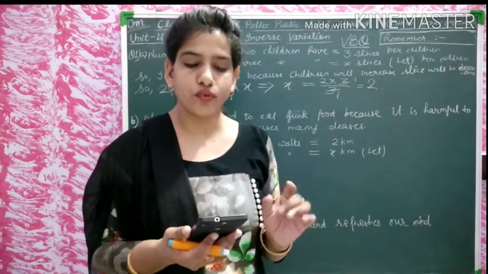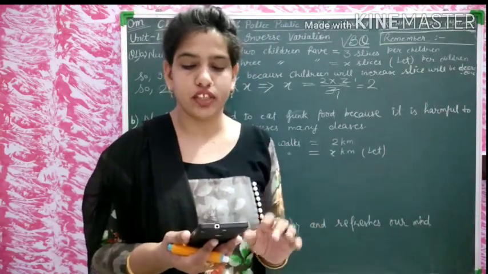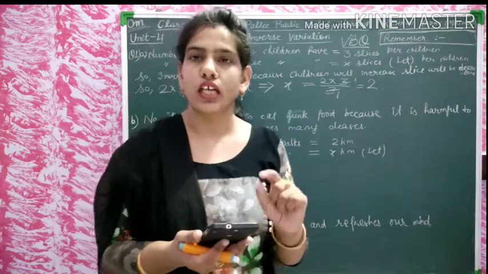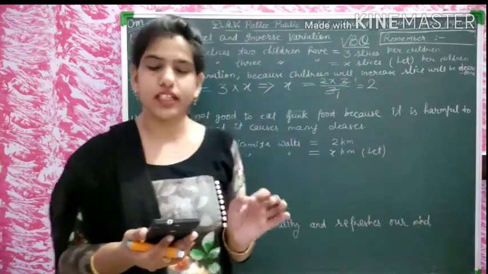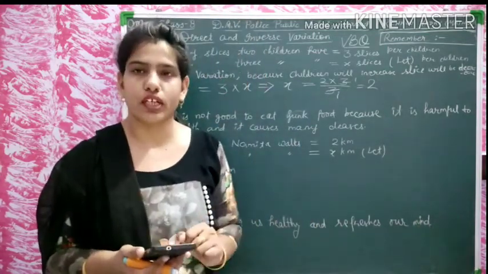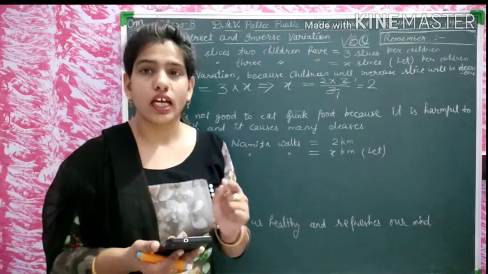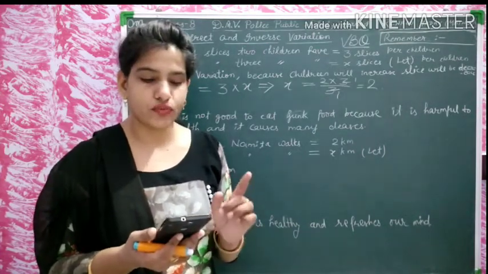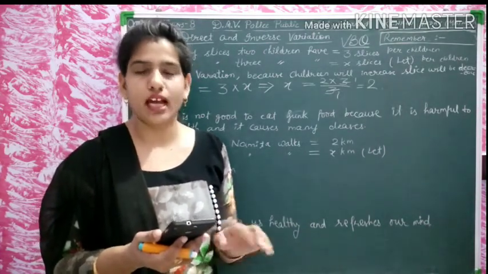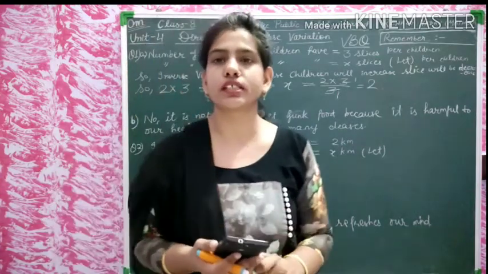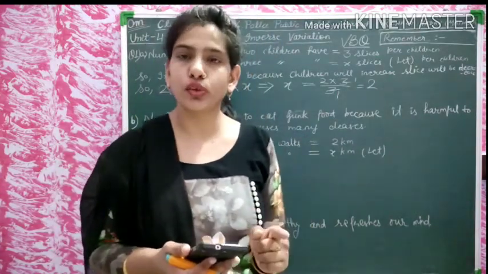By walking for 30 minutes in the morning, Namita covers 2 kilometers. Namita goes for a morning walk daily, for 30 minutes, and covers 2 kilometers.